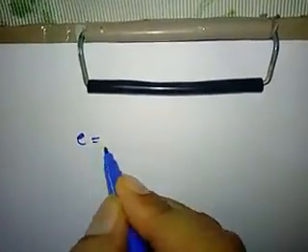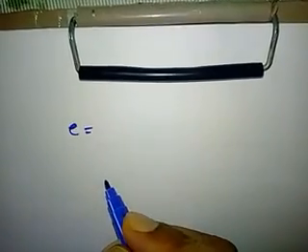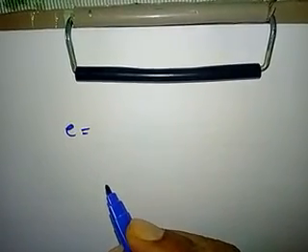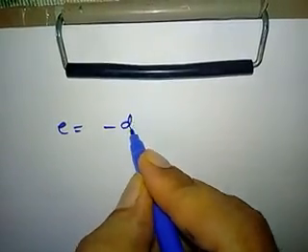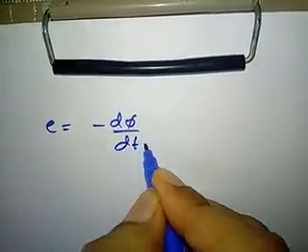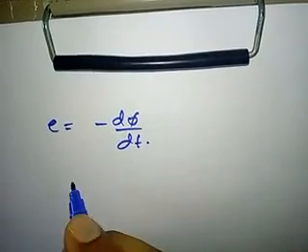Next we can write the equation for the EMF induced, E is equal to... what is the equation here? The basic equation we have written for EMF according to Faraday's law is E is equal to minus d phi by dt, or minus n into d phi by dt.